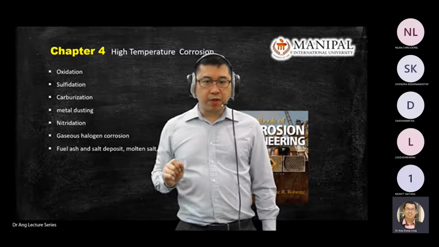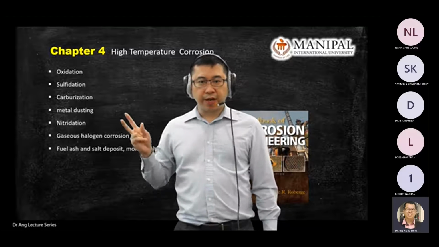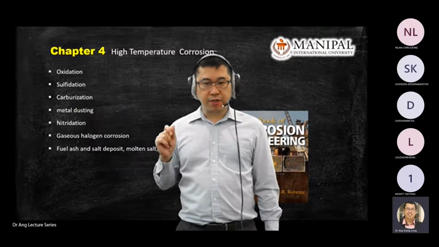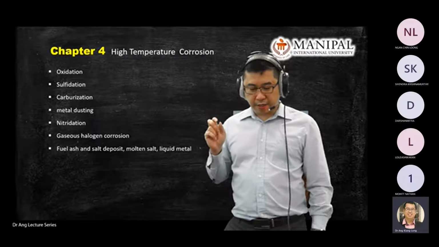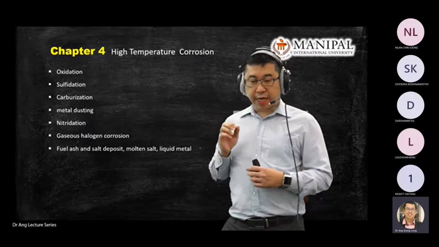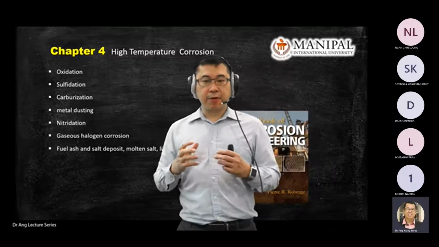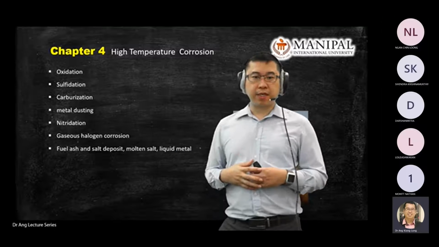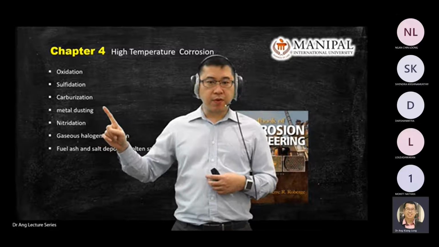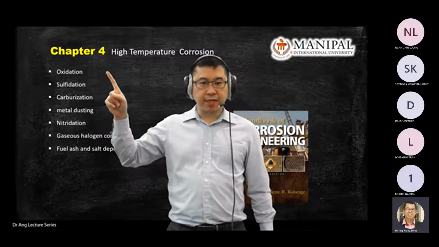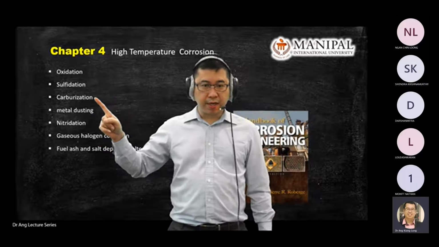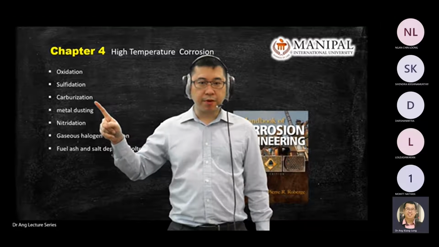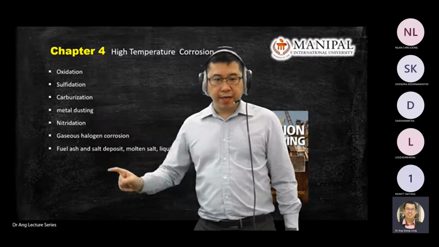Second one, we talk about sulfur, sulfate. Third one, you see carburization. It is linked with the carbonate structure, carbon structure, CO2, and so on. Metal dusting, we'll look at it later on. Metal dusting is linked to carburization. Actually it is a branch from this one.